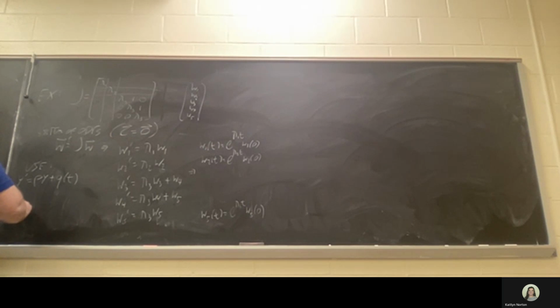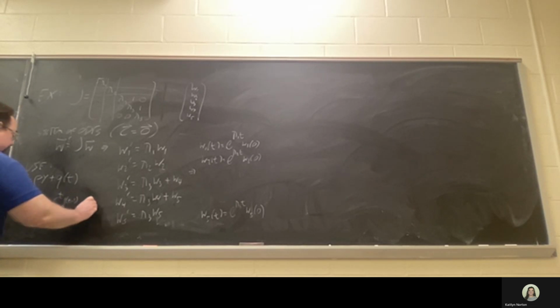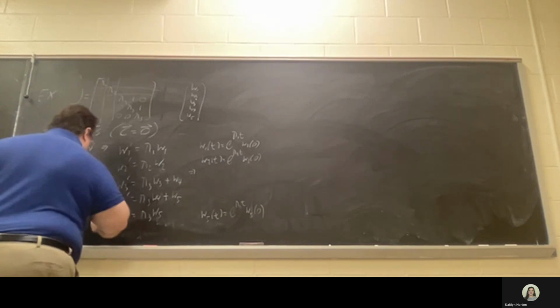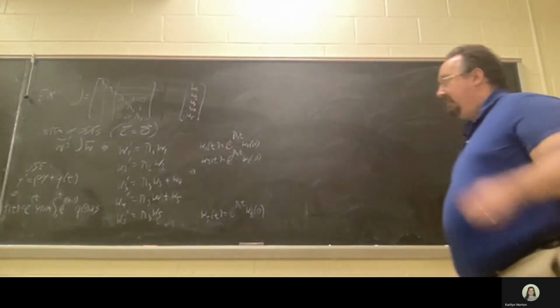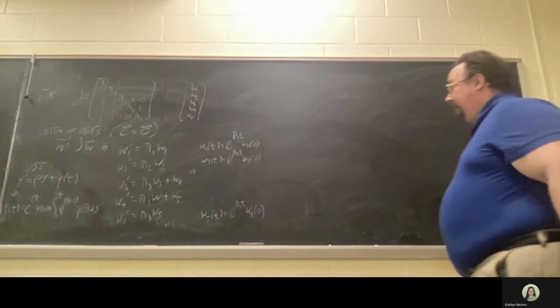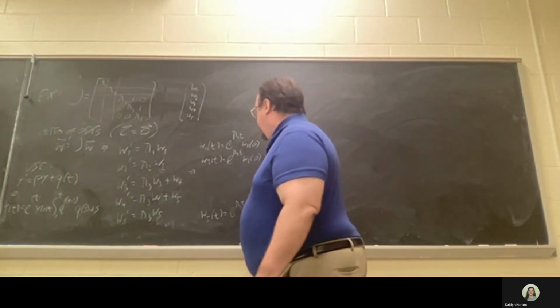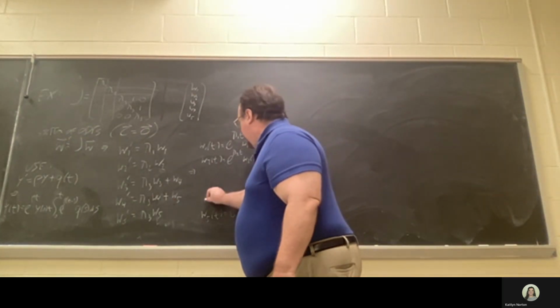So y is equal to e to the pt y of 0 plus the integral from 0 to t of e to the p(t minus s) q of s. Now I can use that formula, so I'll do W4.